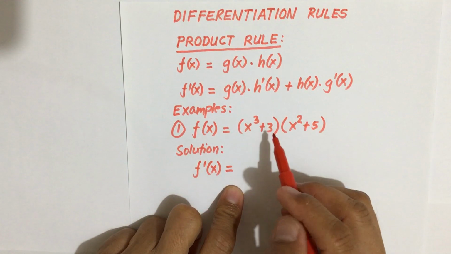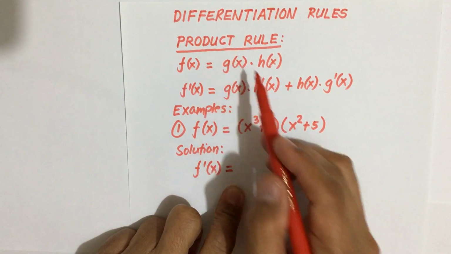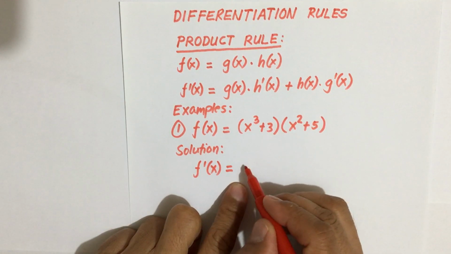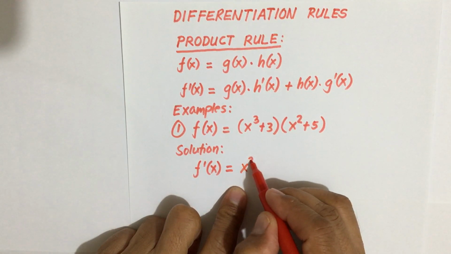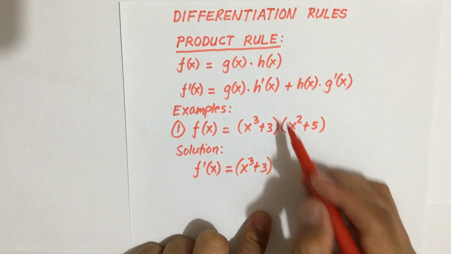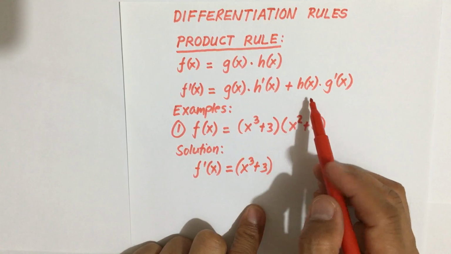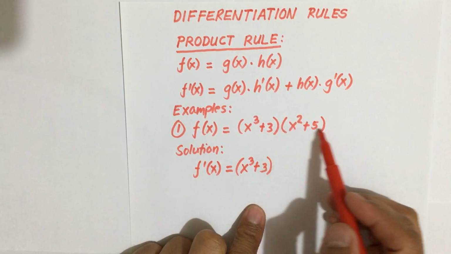Okay, so here we just copy this factor. So you have x cubed plus 3, then multiplied by the derivative of this.